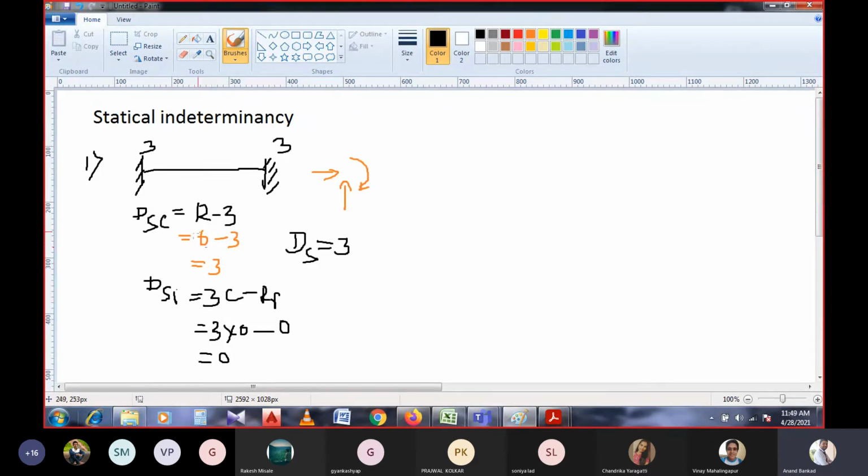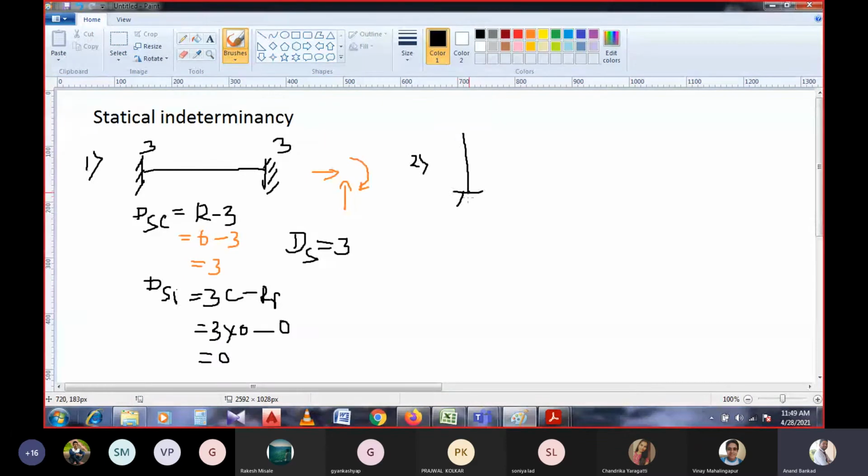Is that clear how we have calculated this? And second, I will take a framed structure. The statical indeterminacy is to be calculated for this particular structure.